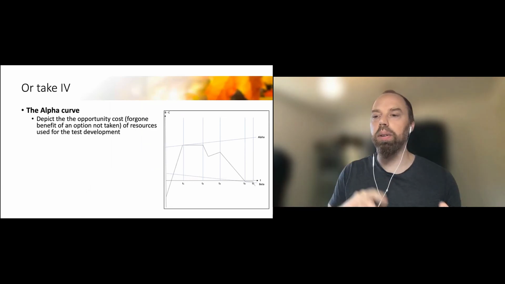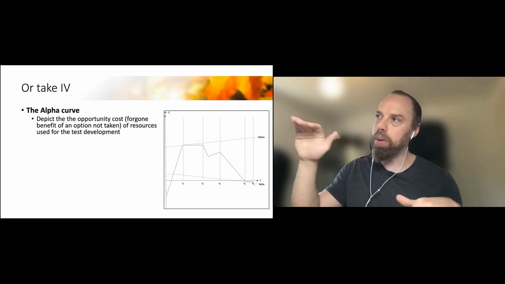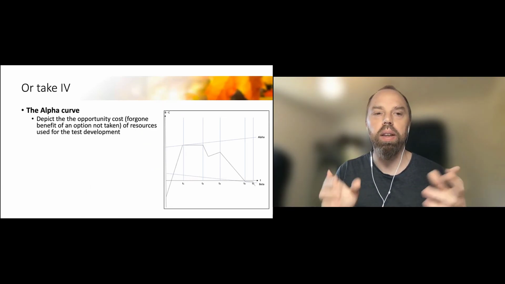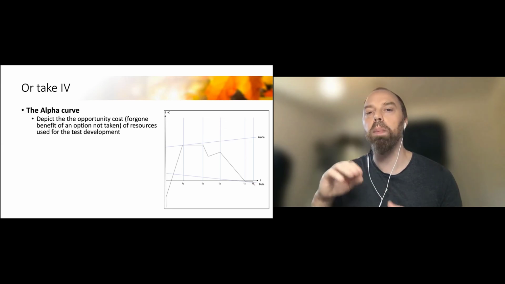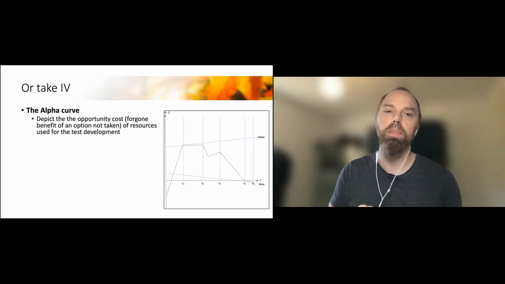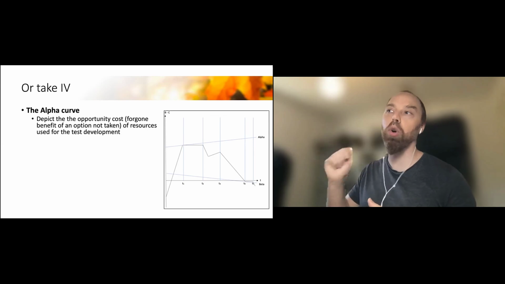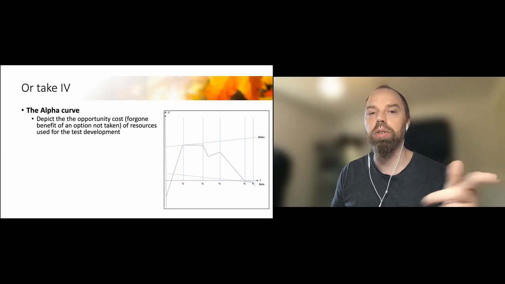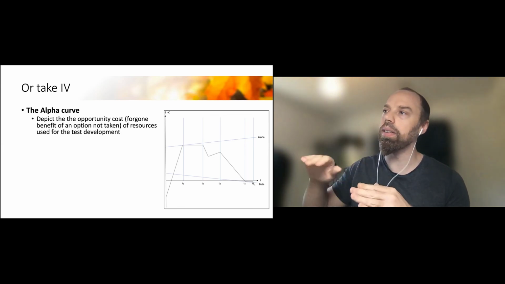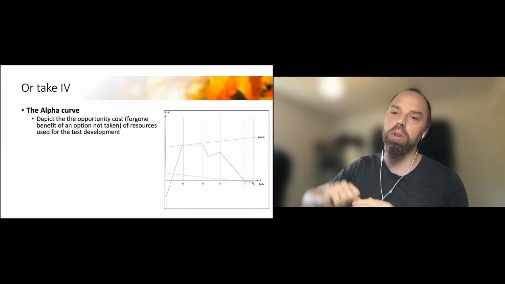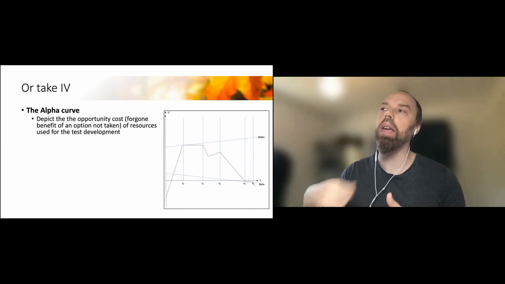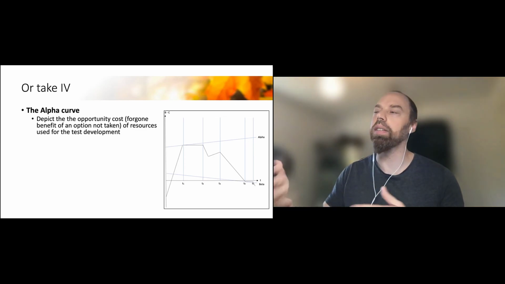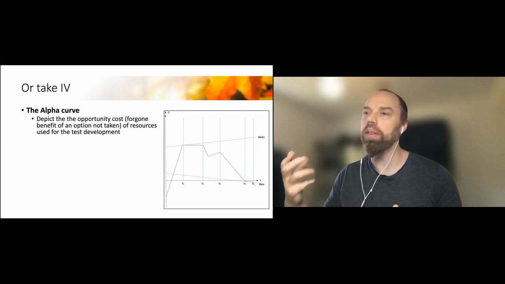So just to explain the alpha and beta curves that you saw a little bit, the alpha curve depicts the opportunity cost. So it's the foregone benefits of an option not taken, right? And of the resources used for test development. In essence, what the opportunity cost shows us here is that if we keep making the optimal decisions, that is the optimal value we will get from the tests.